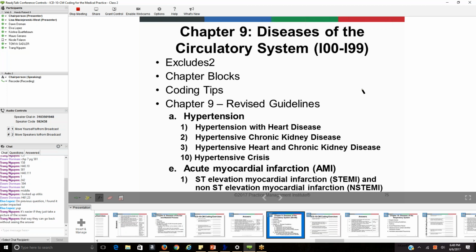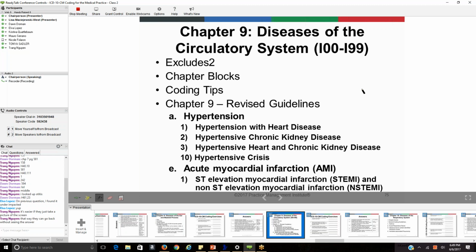Number one, obviously there are some excludes notes where if certain conditions from other chapters are present, and there are also cardiovascular problems as well, they can be coded together if both conditions are present at the encounter, and so you can look at those. And of course, those will cross-reference from chapter to chapter. So basically, certain conditions originating in the perinatal period will cross-reference back to Chapter 9 as well.